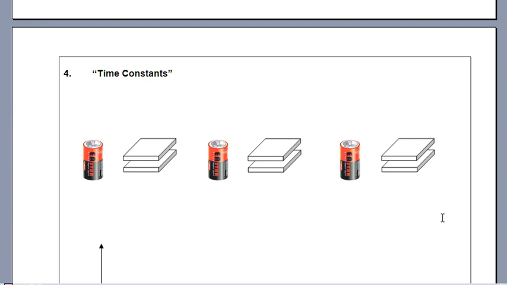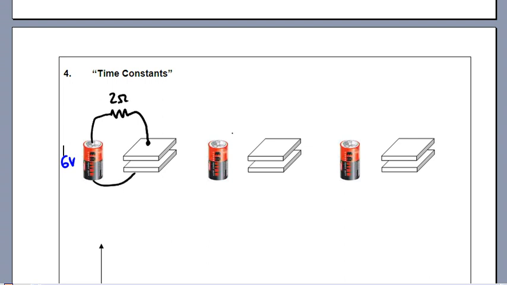Okay, next little issue. We're going to talk about something called time constants. It's going to be something that you'll talk about at university for sure, so let's talk about it here too. Let's make some numbers up. Let's say I've got a 6 volt battery, and I'm going to connect it up for safety with a resistor in there, maybe a 2 ohm resistor, and another little wire over there.